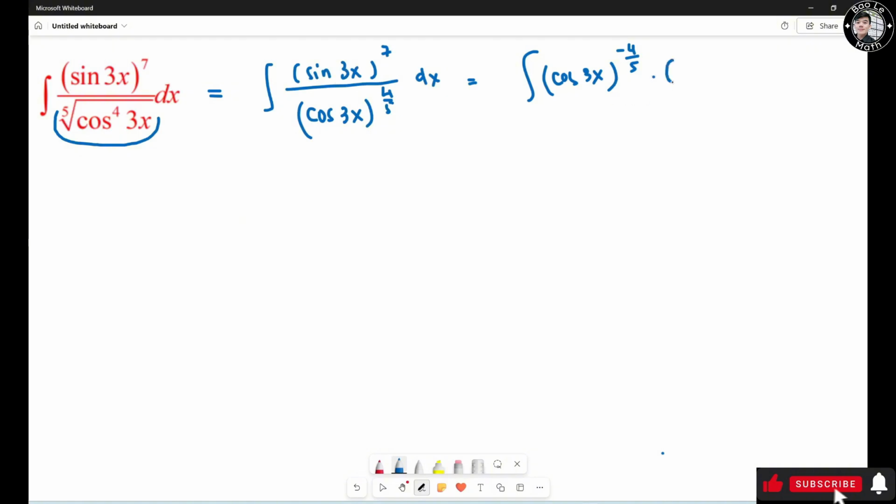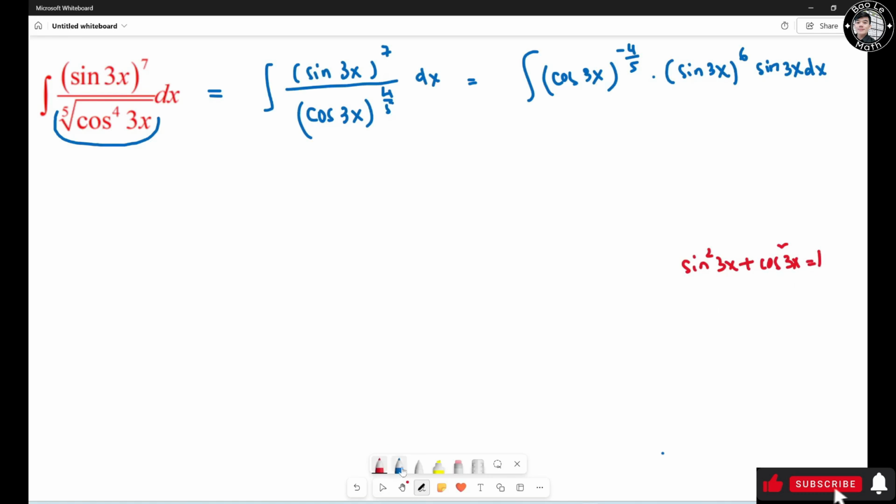I can rewrite this as sine of 3s to the 6 times sine of 3s ds. Now sine of 3s to the 6, I can expand using the formula sine squared of 3s plus cosine squared of 3s equals 1.